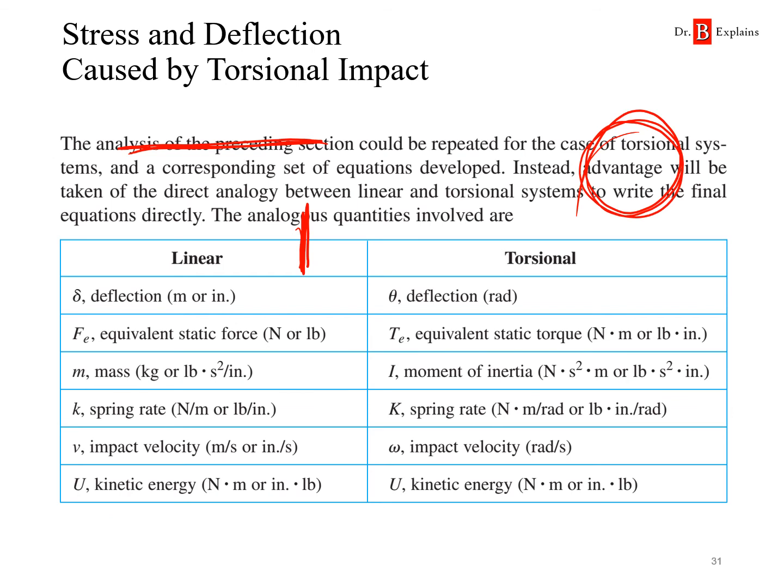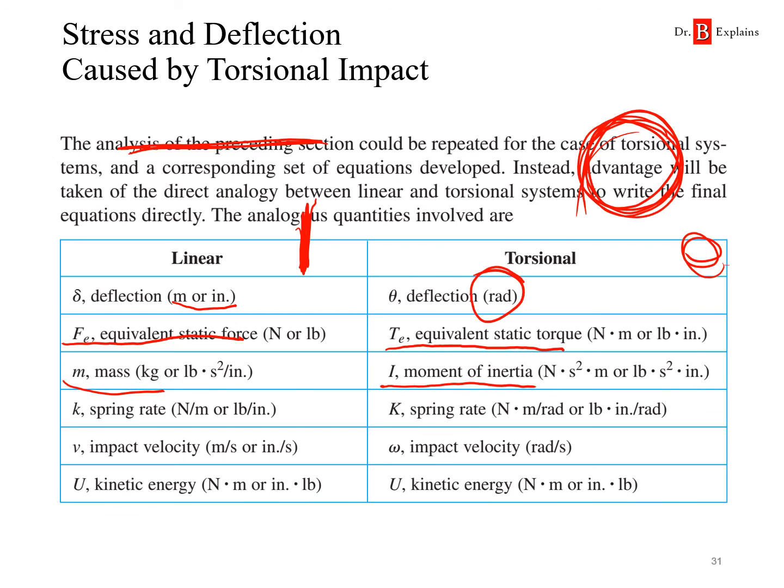So instead of having a deflection in meters or inches, because we're talking about stuff that is rotating, the deflection is going to be in angles, in radians. Instead of an equivalent static force, we're going to have an equivalent static torque. Instead of a mass, this is going to be a moment of inertia, because now you have stuff that is rotating.